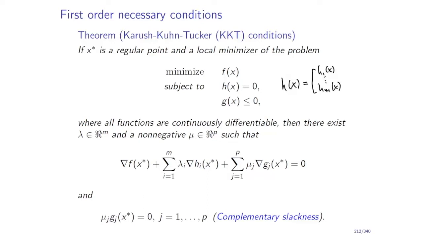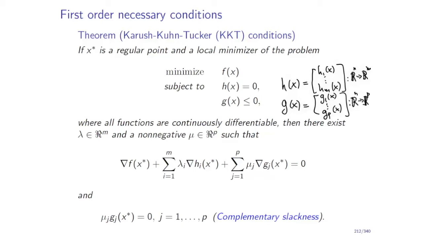So we have m equality constraints. The argument is in Rn, and the value that the function takes is in Rm. And then we also assume that the function g of x has p components. So we have g1 of x through gp of x. Here we have Rn to Rp.